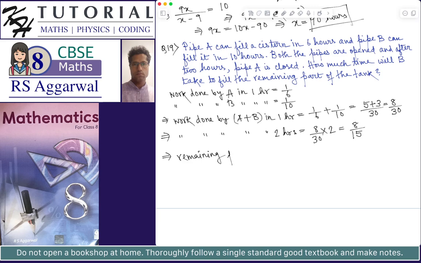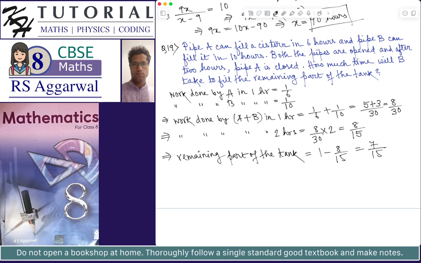So the remaining part of the tank will be, of course, the whole tank is 1, and 8 by 15th part of the tank is already filled up in the first 2 hours. So the remaining part of the tank will be 1 minus 8 by 15. This is 7 by 15. So 7 by 15th part of the tank is still empty or remaining after 2 hours.